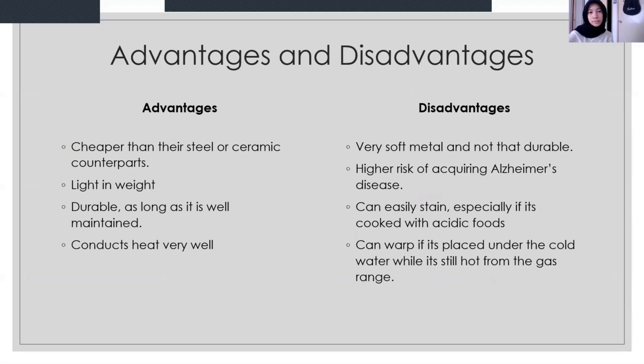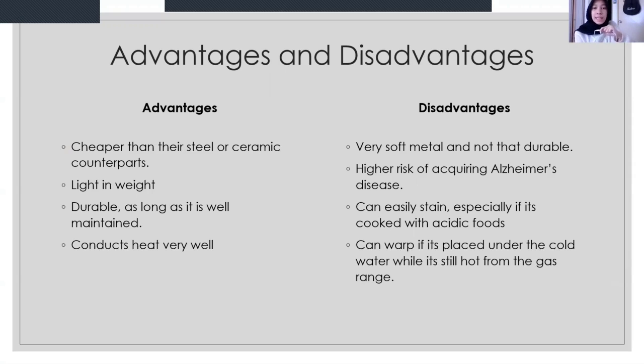Okay, so we move on to the next slide. It is about advantages and disadvantages. The first advantage is that it is cheaper than steel or ceramic counterparts. Next, it is light in weight and durable as long as it is well maintained. Last, it conducts heat very well so that your food can cook very quickly. Besides that, it also has several disadvantages.